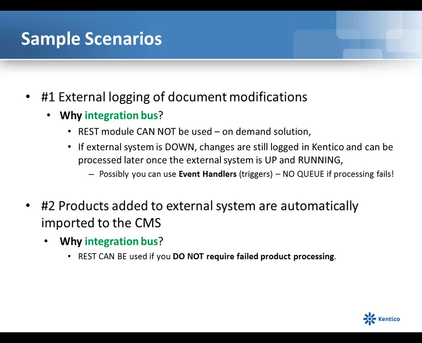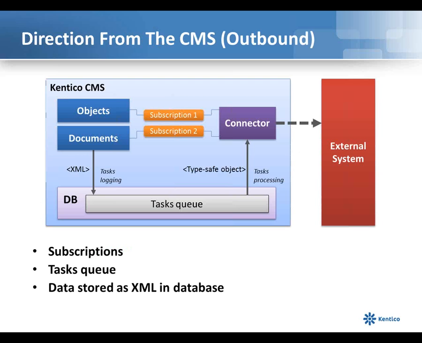So instead of that, I would use the integration bus with a queue, and I would see which tasks were processed and which tasks failed, and I'm gonna see why they failed directly in the Kentico. So these are two sample scenarios. I'll prepare another one, so I'll walk you through those.